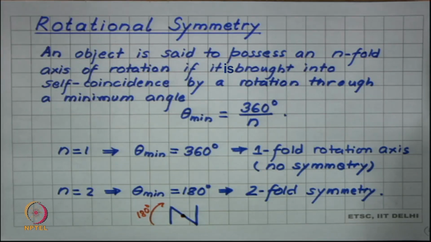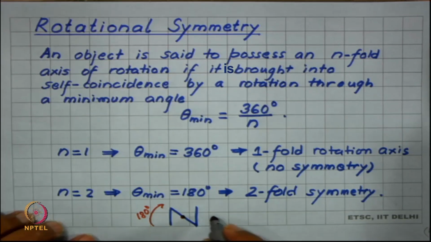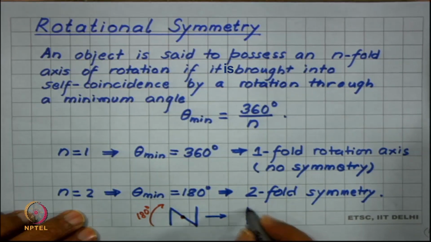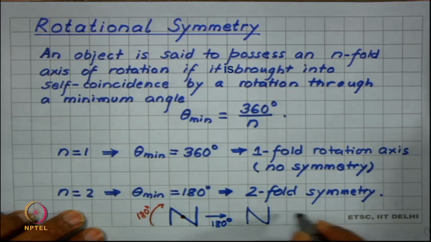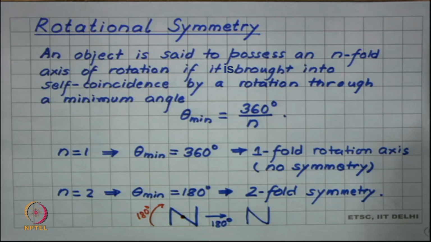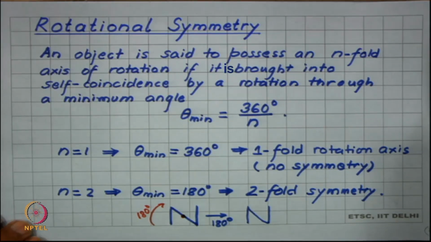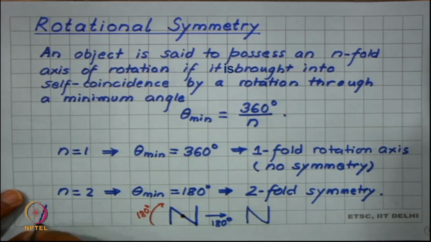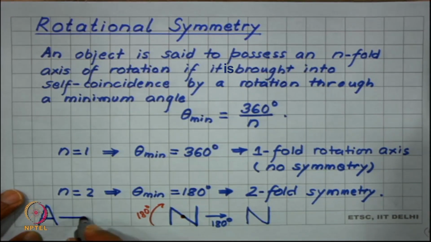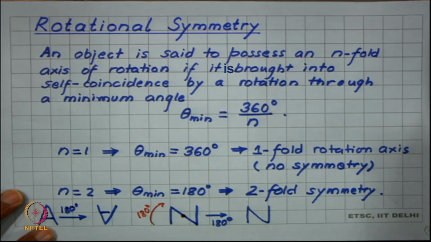It will still appear as N. So, it has a two-fold symmetry. This will not be true for, say, some other letter, for example, A. If I rotate A by 180 degree, I will get upside down A. So, A does not possess two-fold symmetry, N possesses two-fold symmetry.